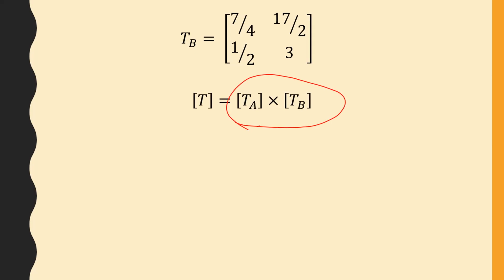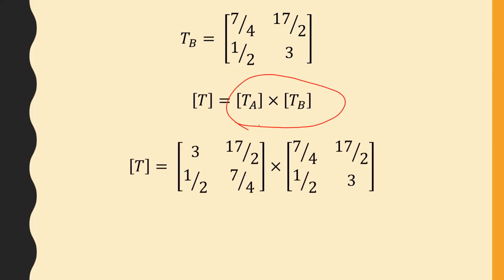So we have T equal to TA times TB. We multiply them, and we end up with that matrix. Of course, you can put the fractions, right?